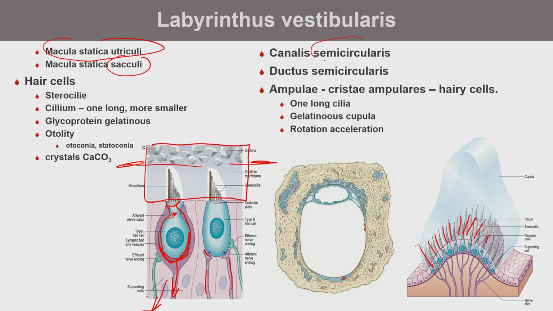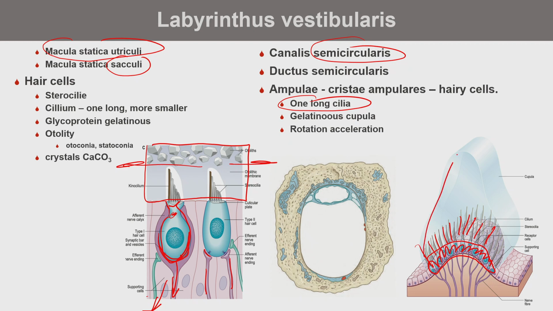In the semicircular channel in the ampulla, there is a prominent hill on which are several cells, and those cells are equipped with one long cilium.